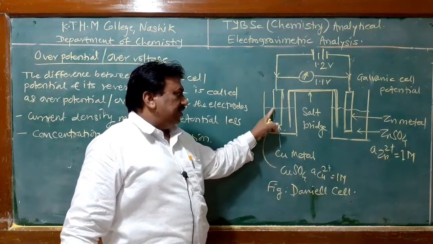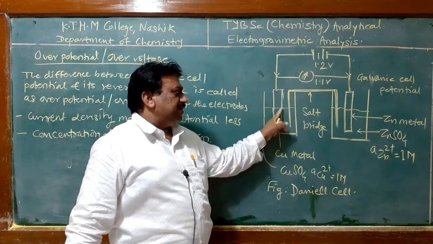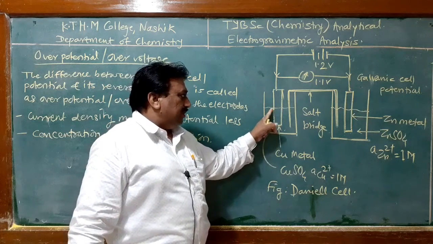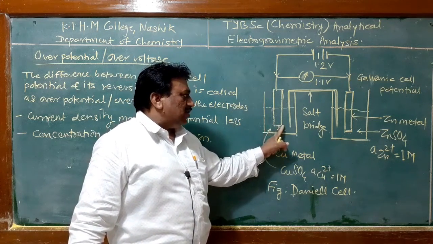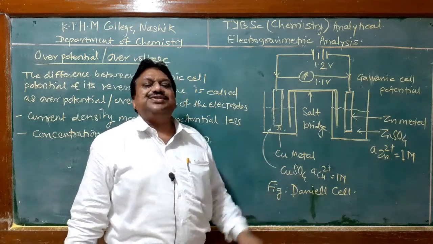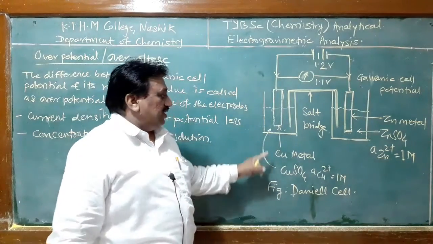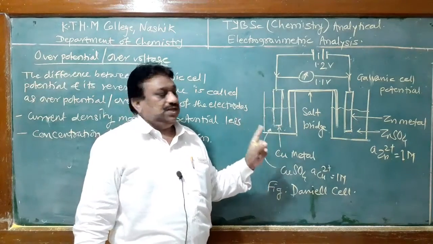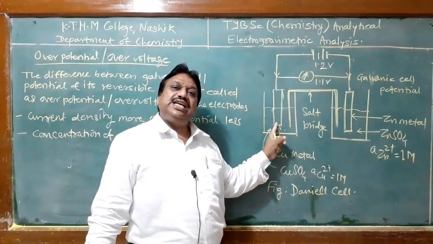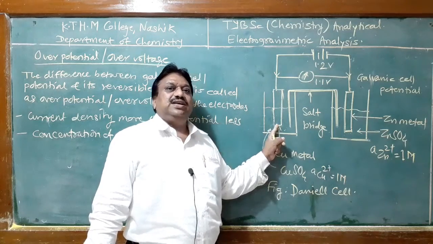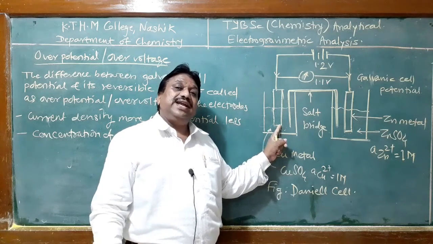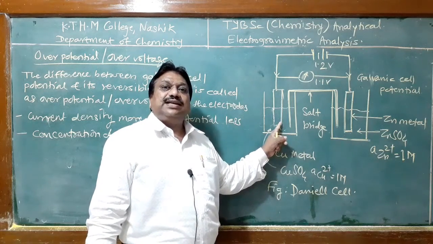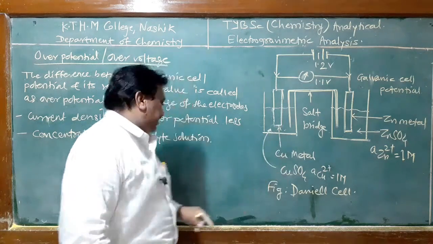Therefore, initially copper is deposited on the surface of this metal rod, and when the copper is deposited in the vicinity of this electrode, a concentration gradient is created. There is a difference in concentration in a single solution, and therefore a concentration gradient is generated in the solution, and in that case overpotential increases.